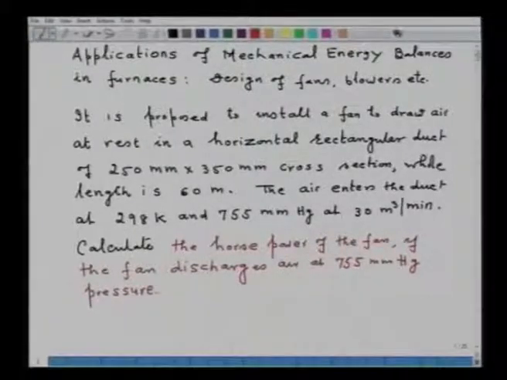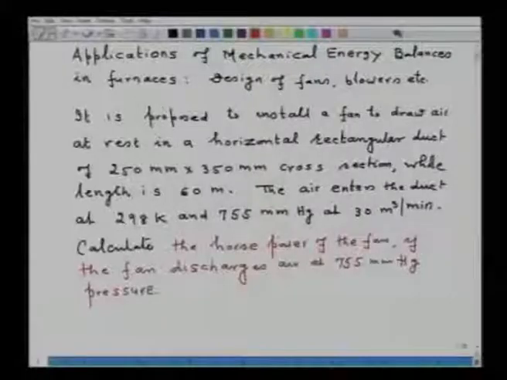So, for this condition we have to find out what should be the capacity of the fan in order to meet the objective, which is to draw air at 30 meter cube per minute. So, let us see now.